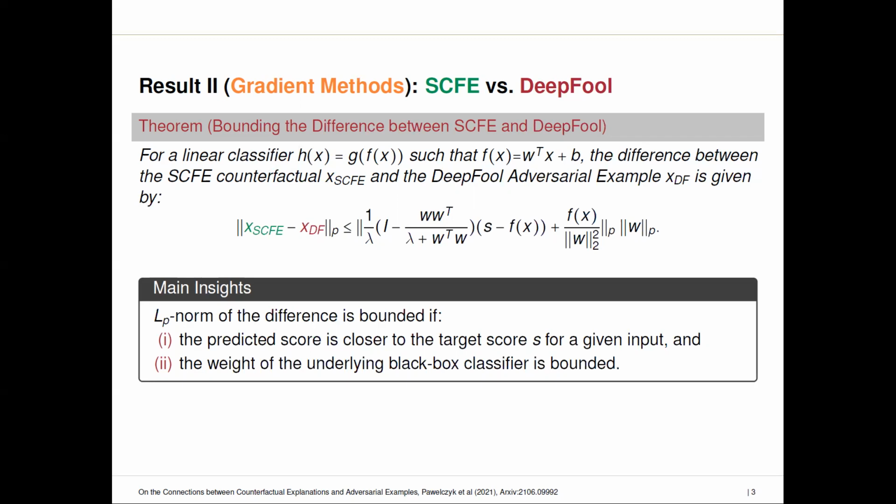Again, the key insight is that the bound is small when the original logit score f(x) is close to the target score s, essentially implying that, again, Wachter and DeepFool are more similar when the input x is close to the decision boundary.